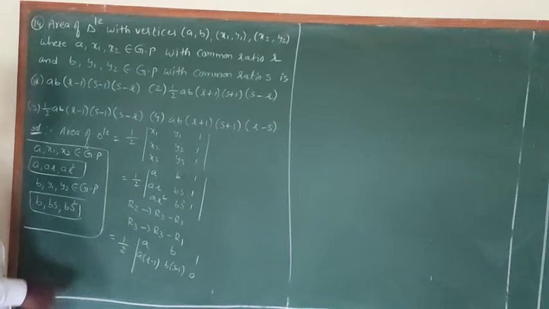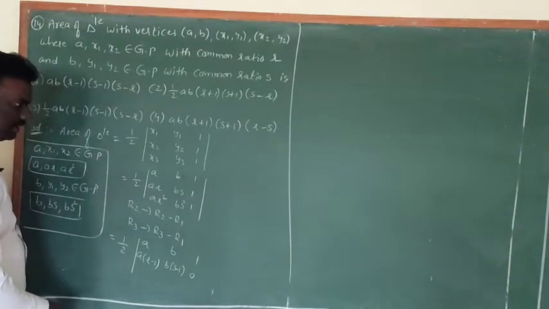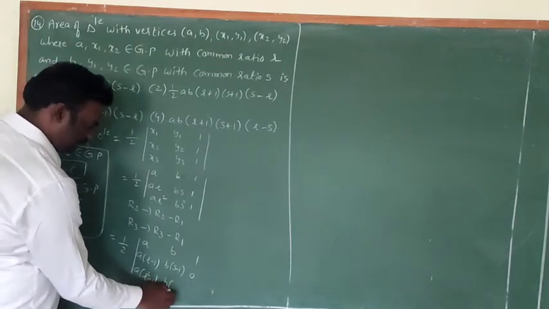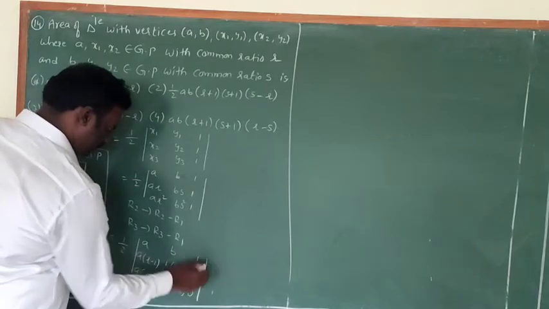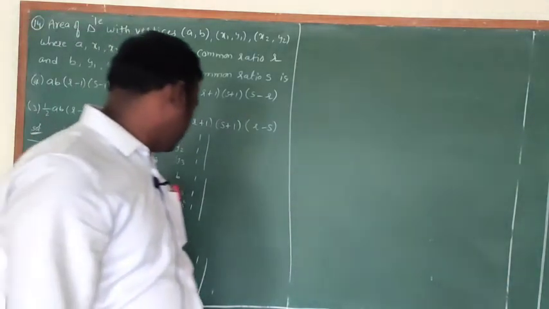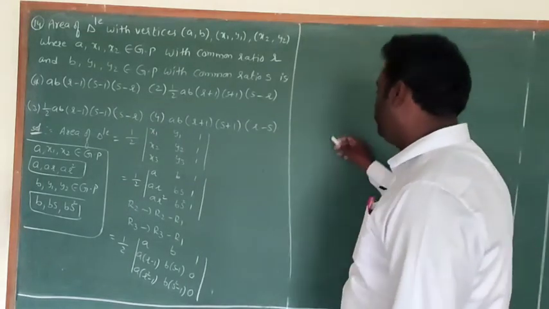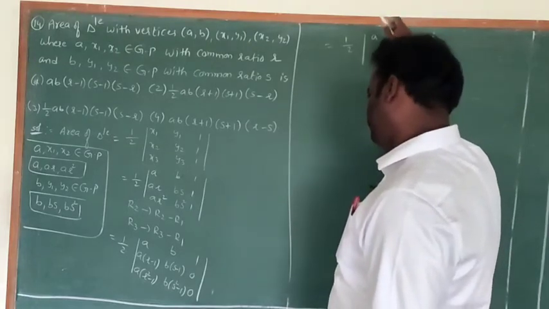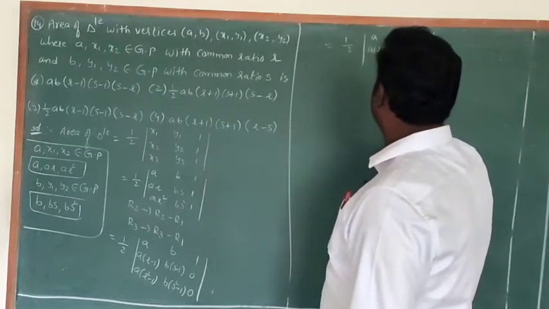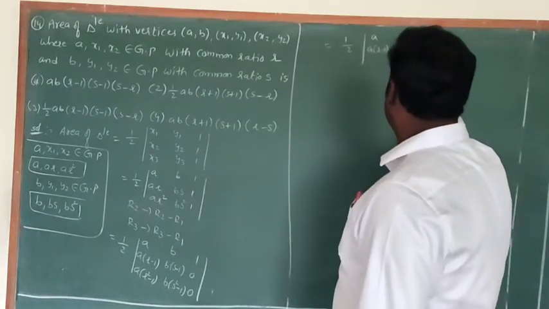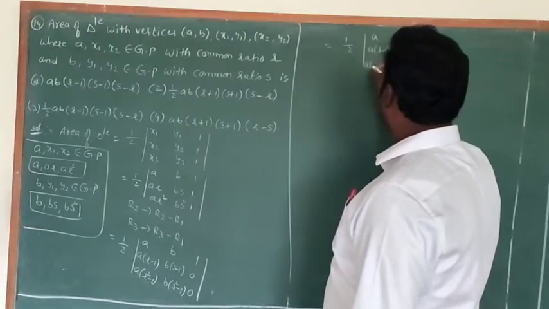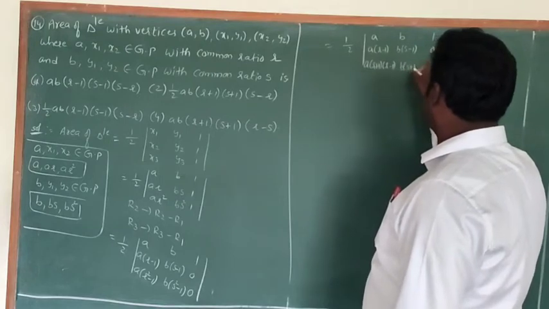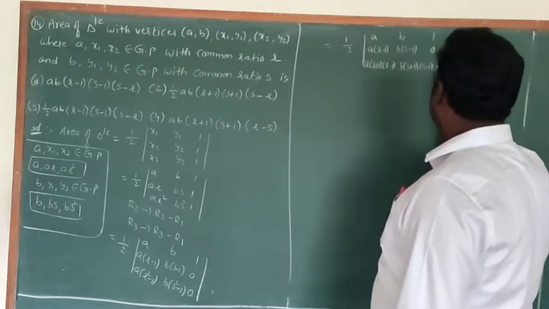Next, AR common R minus A common R square minus 1, B common S square minus 1, 0. Next, I am doing the simplification here. Half A B 1, A R minus 1, B S minus 1, 0, A R plus 1 into R minus 1, B S plus 1 into S minus 1, 0.